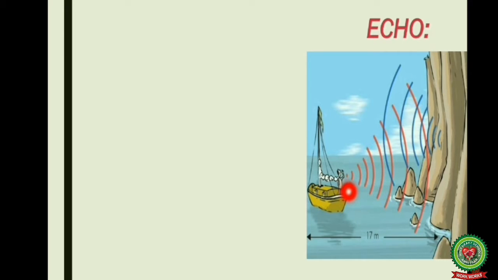The first one is the original sound, which is heard almost at the same time, and the second sound is heard after reflection from this hillside. You can see these blue lines. This shows the reflection of the sound, which is heard after some time, and that second sound heard after the reflection is called an echo.